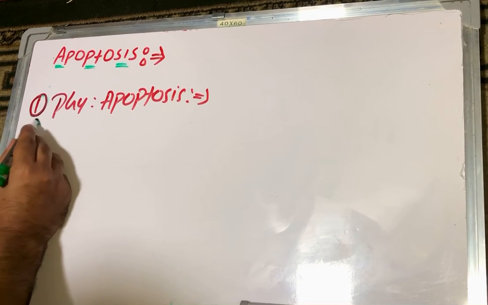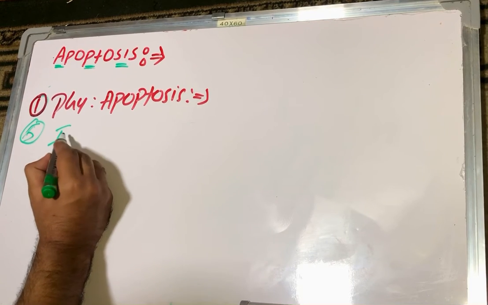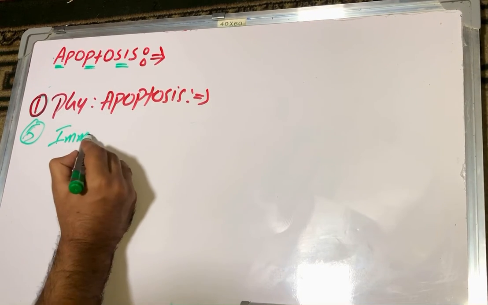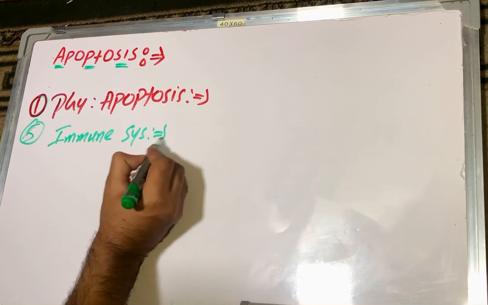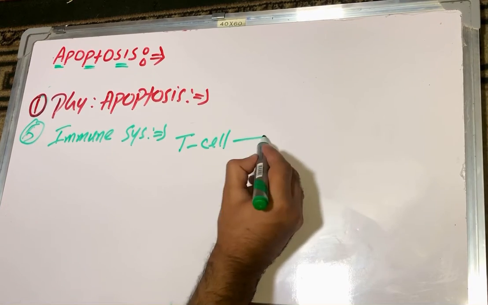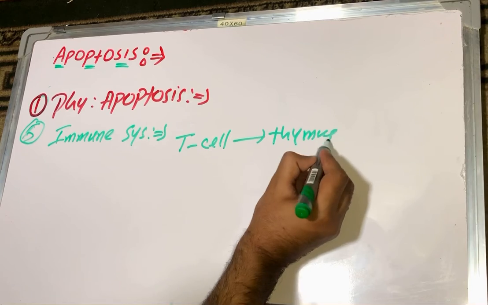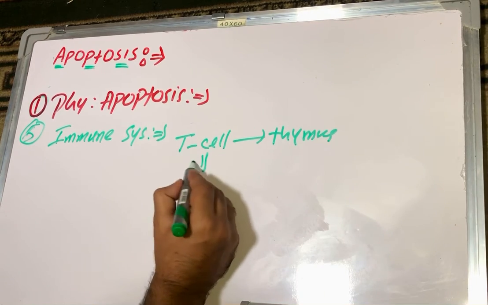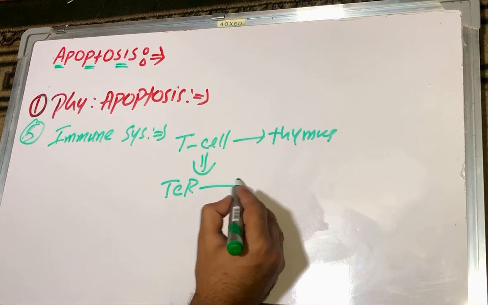Number 5, we all know about this. During immune system development, T cells go to the thymus for maturation and to develop TCR, the T cell receptor for antigen.